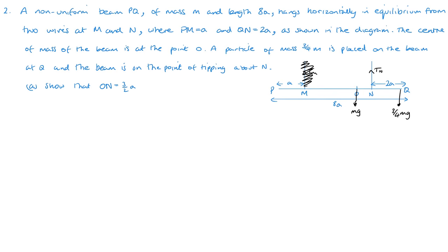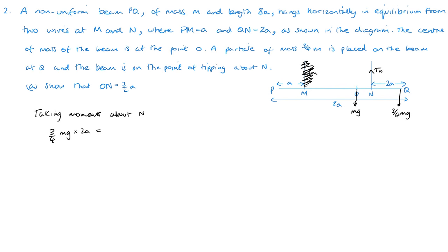So now what I've got is I can take moments about N. So taking moments about N, and we get 3/4 mg times by 2a.